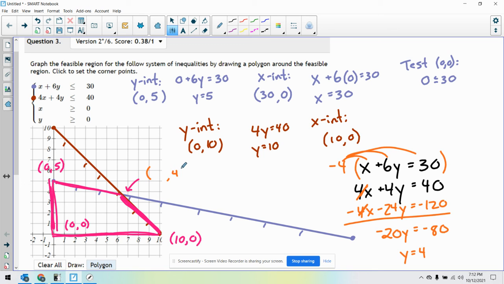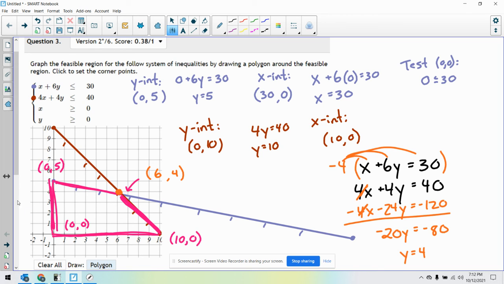Now to get x, I'm just going to plug 4 back into either equation. I'll plug it back into the first one. x plus 6y, x plus 24 equals 30. So x is going to be 6. I didn't even know the answer, and look how close we were. That's where they should have intersected.